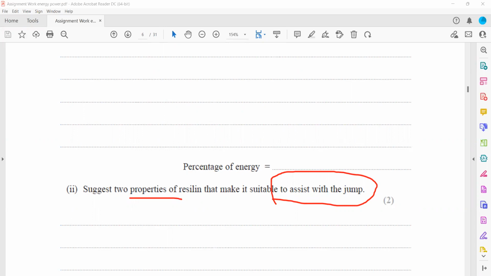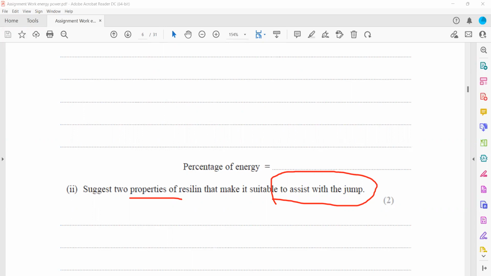If it has a high Young's modulus, then a greater amount of force is needed to produce a small deformation. But we want it to deform, because if it deforms easily, it means it can store a greater amount of energy.